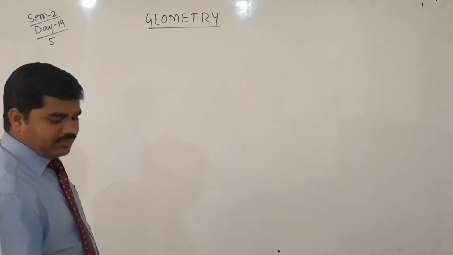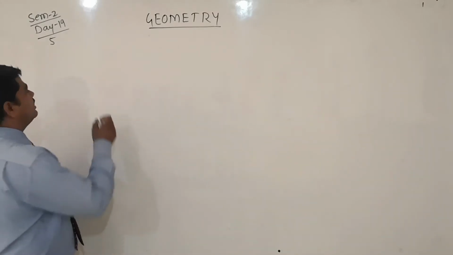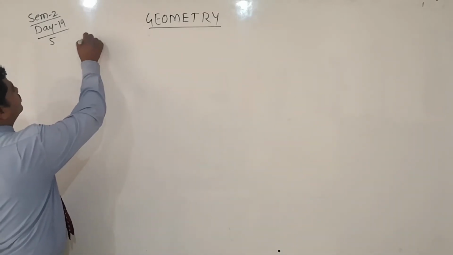Complete the table by naming the rays, vertex and angle. Here there is a table. We should complete it.